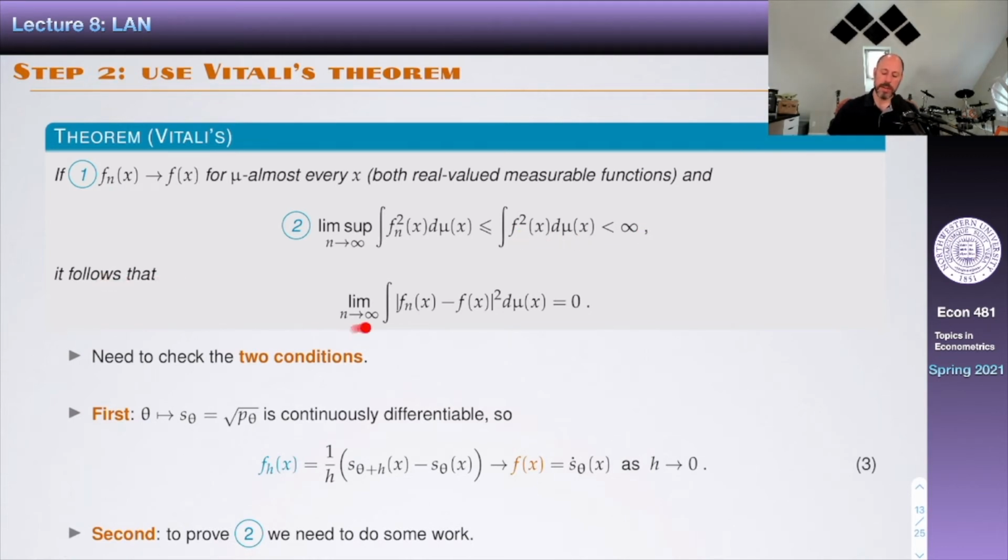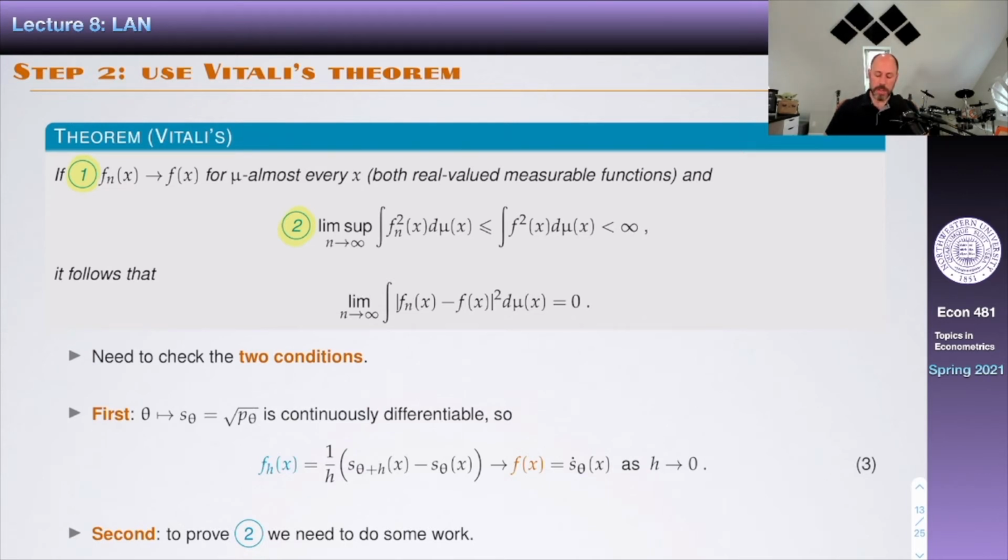Then you have that the limit of the square difference of these two objects, with respect to mu, is 0. And it's going to turn out that this conclusion is exactly the definition of differentiability in quadratic mean. So all we need to do to get to the end is to show 1 and 2, in the context that we're studying.